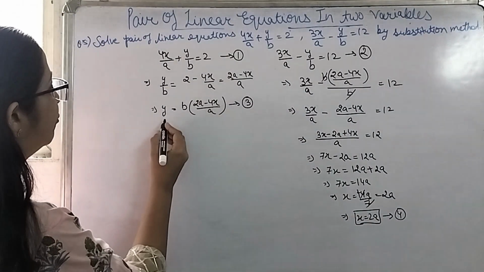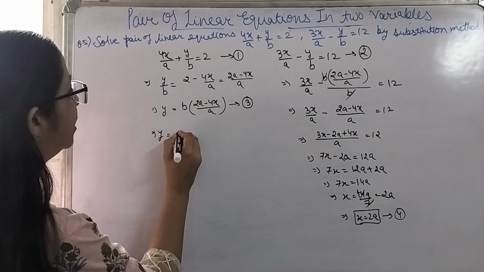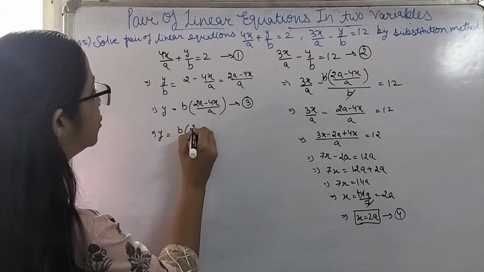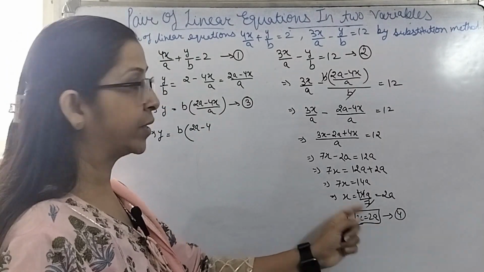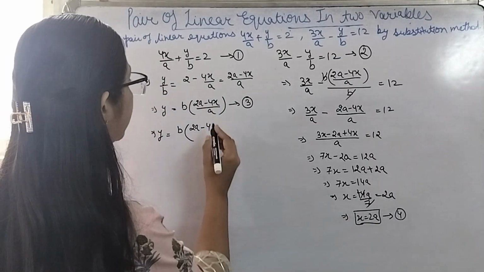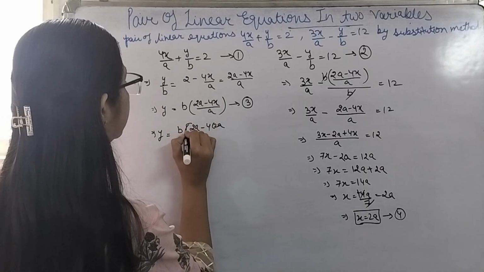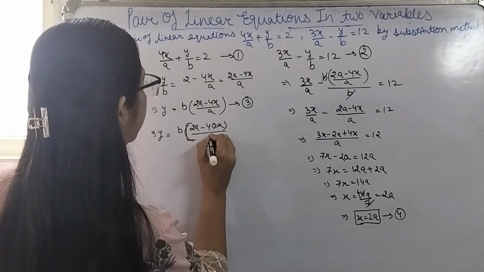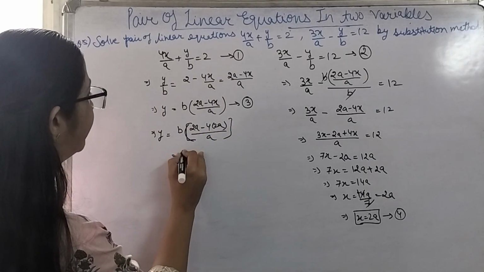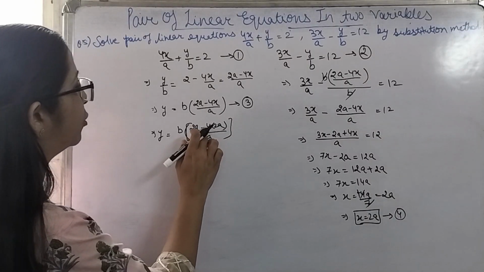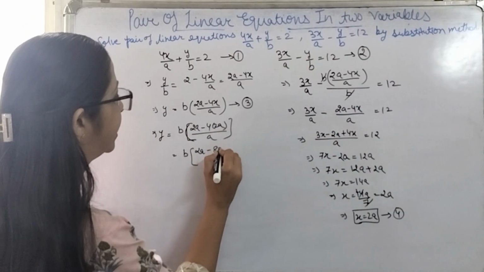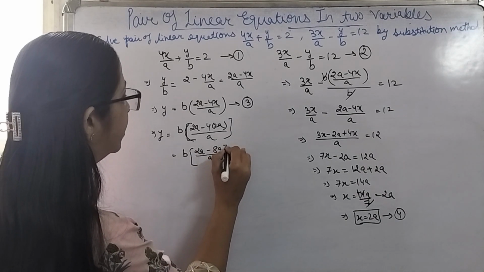So what will we get? y is equivalent to b multiplied by (2a minus 4 multiplied by 2a), as the value of x is 2a, over a. So the value of y will be b multiplied by (2a minus 4 multiplied by 2, which is 8a) over a.